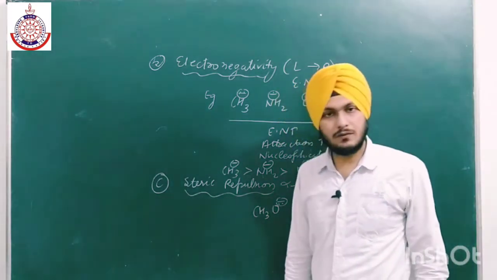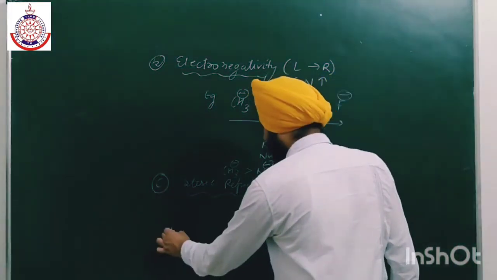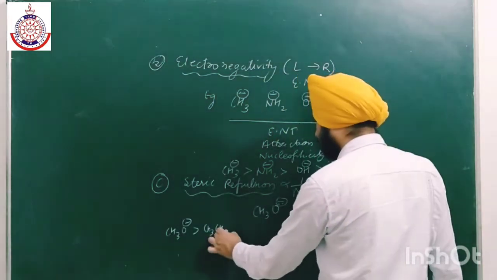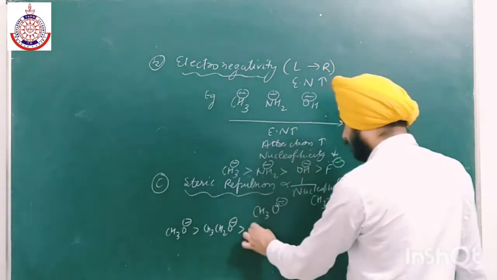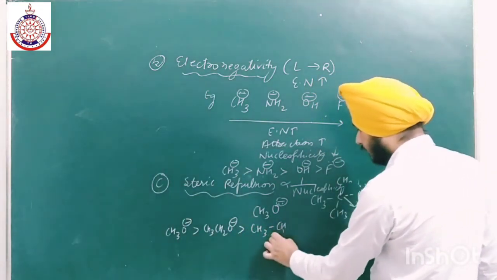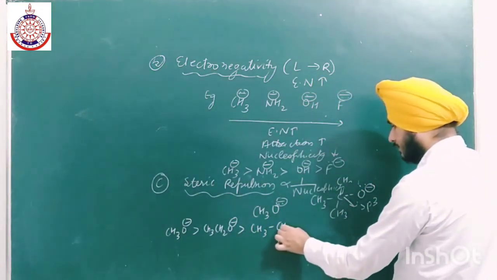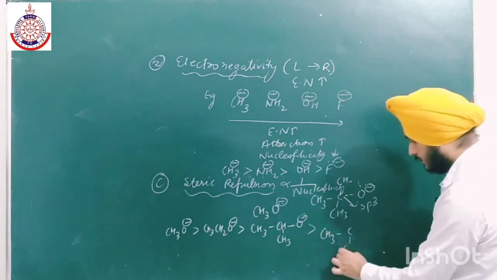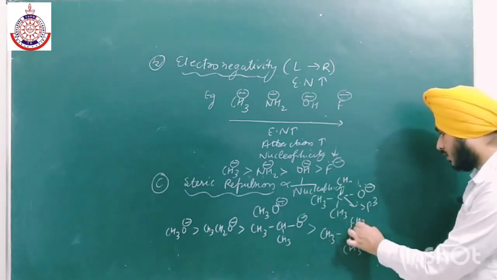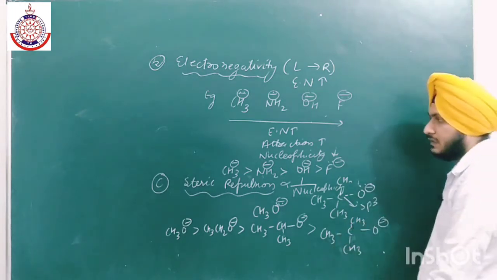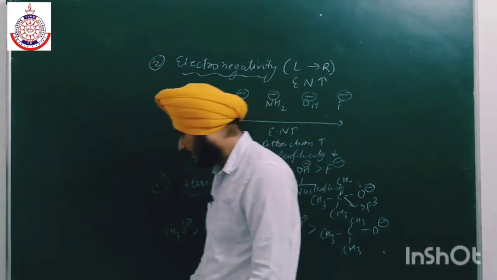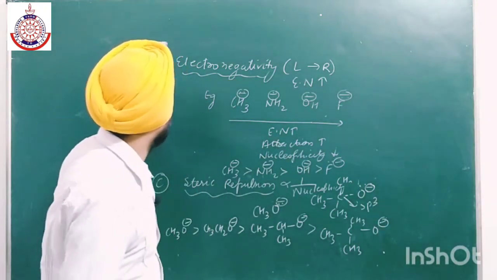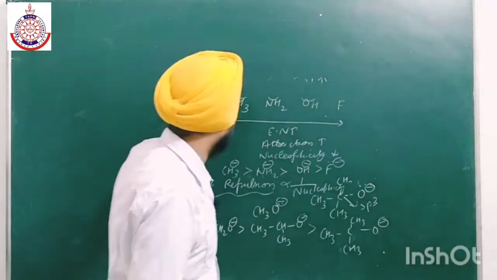So the order of nucleophilicity will be CH3O negative the highest, then we have CH3CH2O negative, then the secondary one, and last we have the tertiary one. So this is the order of nucleophilicity. This is the third factor.